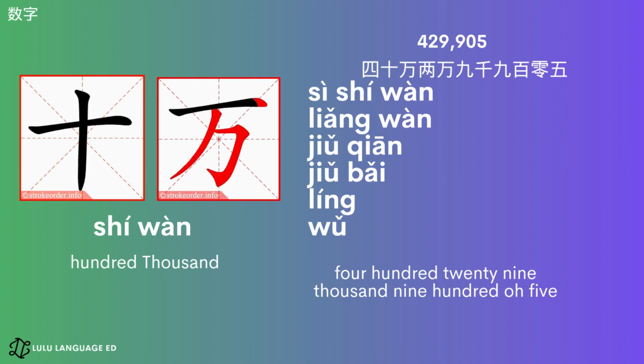So you just say 40,000. 2 of 10,000s, so 2,000,000. 9,000. 900. 0, 0, and 5. So together, 429,905.